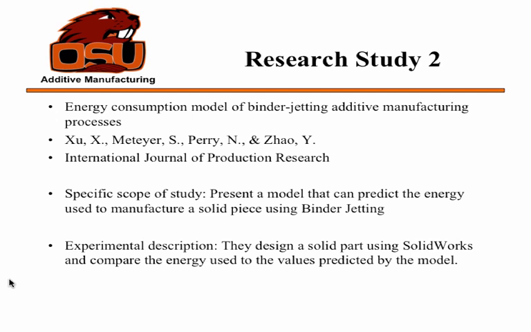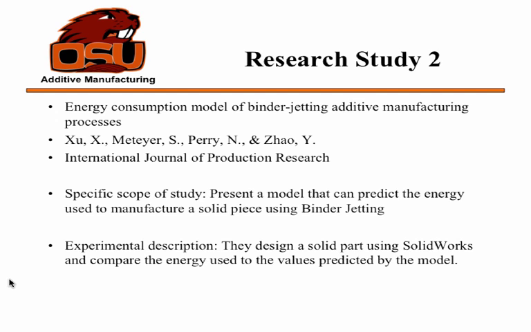And the second research study is called Energy Consumption Model of Binder Jetting Additive Manufacturing Process. This study focuses on trying to identify a model that could predict the amount of energy used in making a 3D object. I think you may have seen this article.